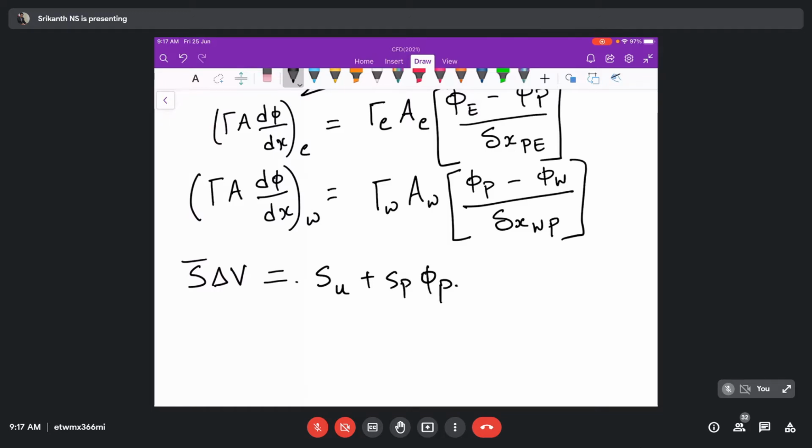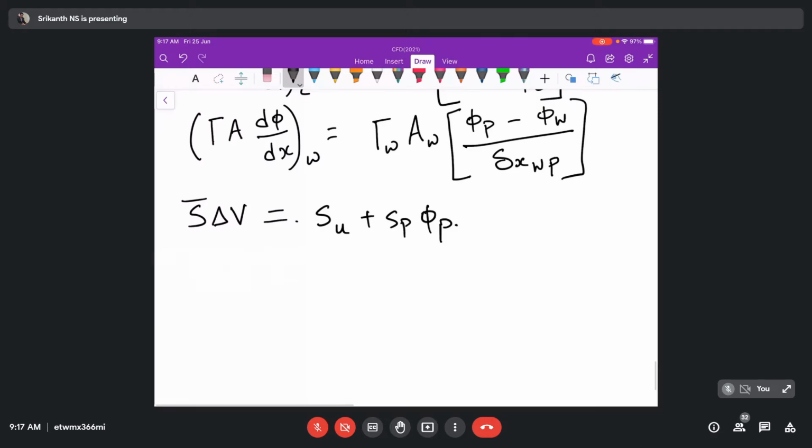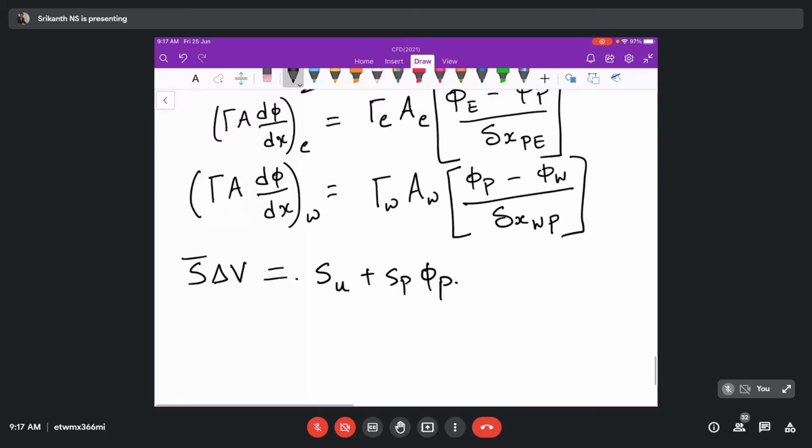Now what is this? I will explain. You can just assume that the source term across the control volume, we can write as SU plus SP into phi P. In practical situations, it turns out to be some other term, SU plus SP.